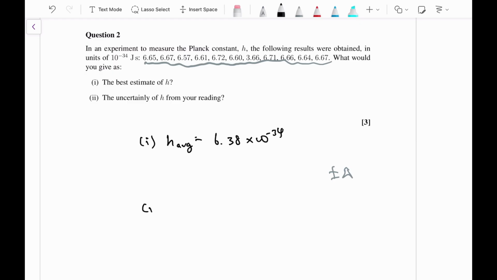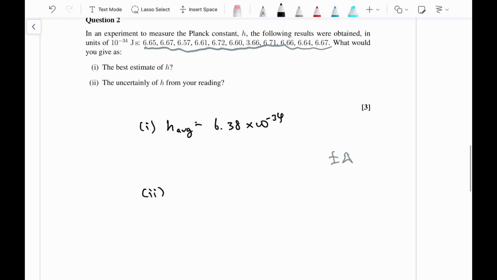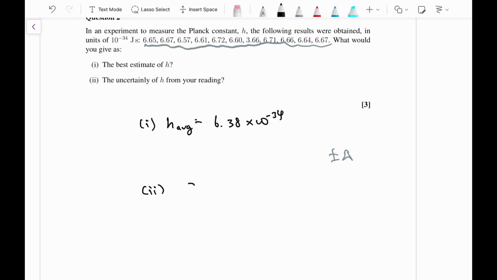So the standard deviation is equal to the square root of the average of the numbers squared, minus the average of the numbers, squared.